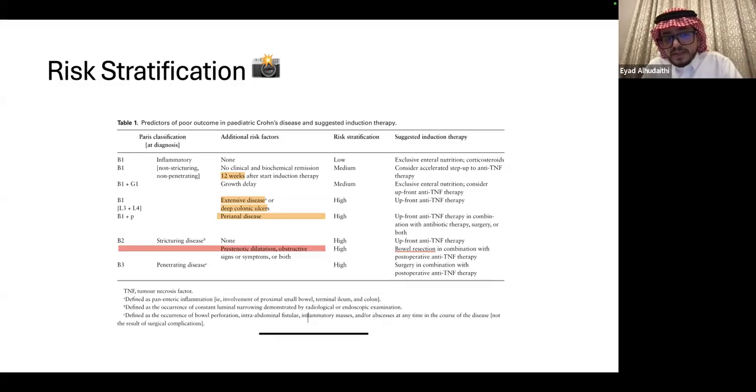If you have B1 but with extensive disease like L3, L4, then we will go with an upfront anti-TNF. And lastly, if you have growth delay, this is another indication for anti-TNF. So this is one of the important slides, either in your practice or in exam.